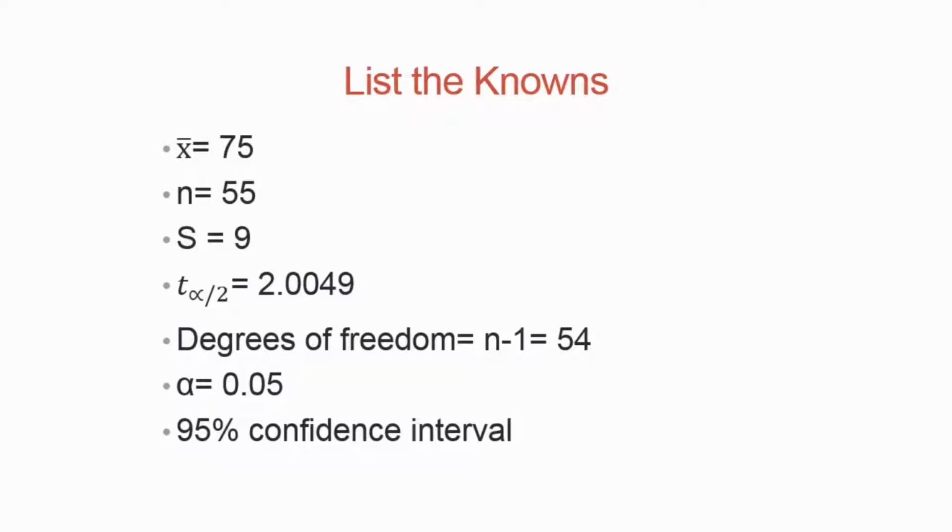The critical value of t we'll find from our table is 2.0049, and I'll show you in another slide where that number comes from. The degrees of freedom are going to be n minus 1, because I have one sample, and the sample size is 55, so therefore the degrees of freedom are 54. Alpha is 0.05, because we want a 95% confidence interval. That's the information we're given.